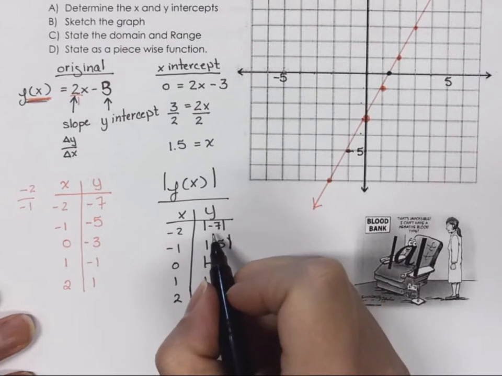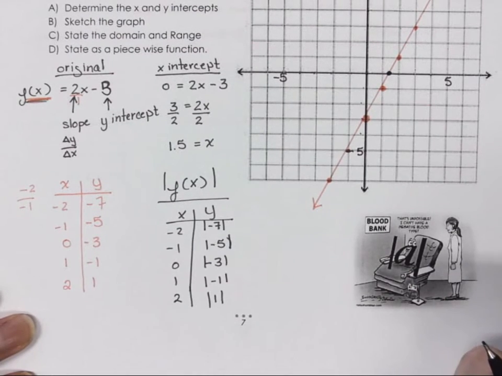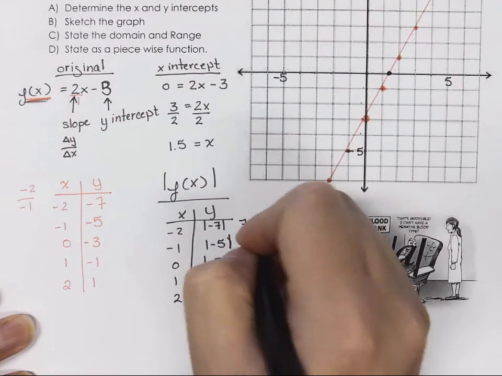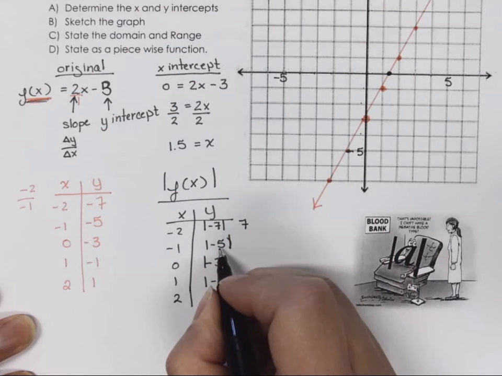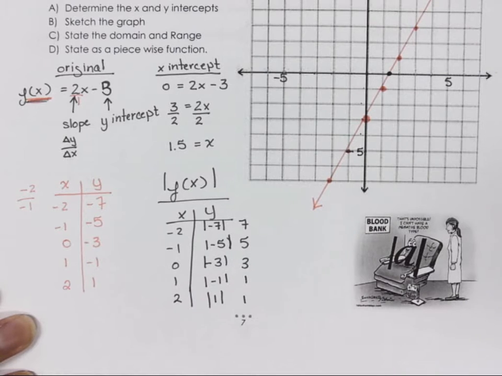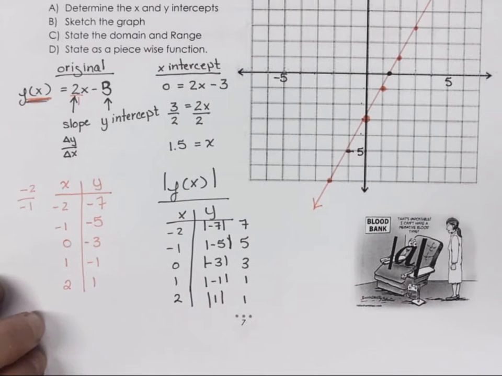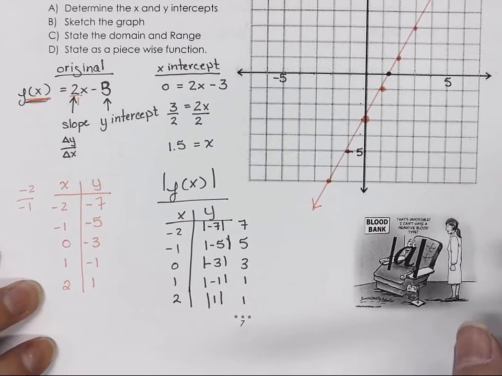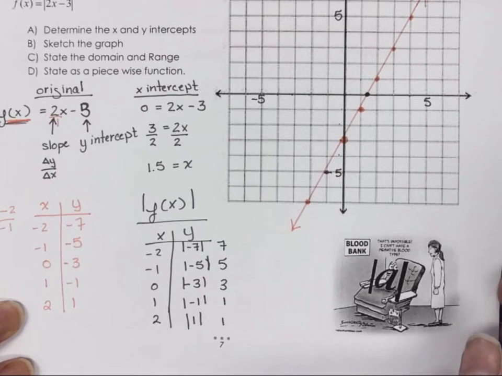So really, what's the absolute value of 7? 7. What's the absolute value of 5? 5, 3, 1, and 1. You guys would agree with me? Yeah, so let's graph those points now.